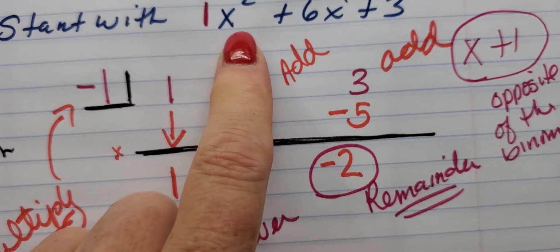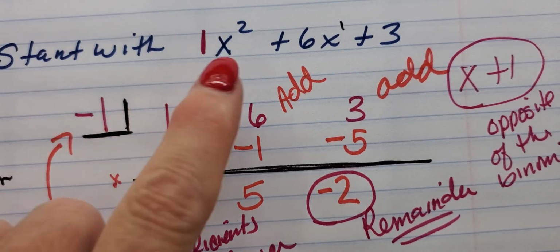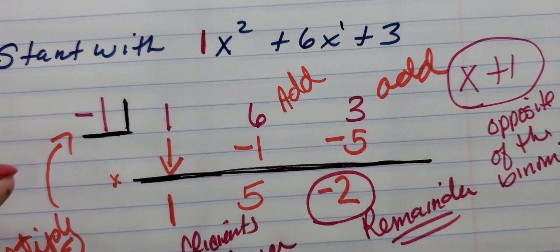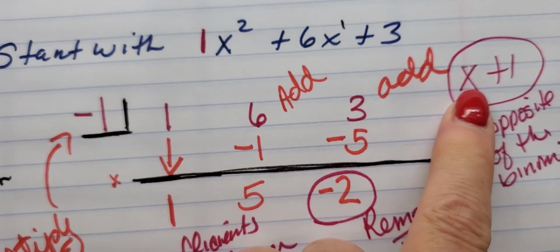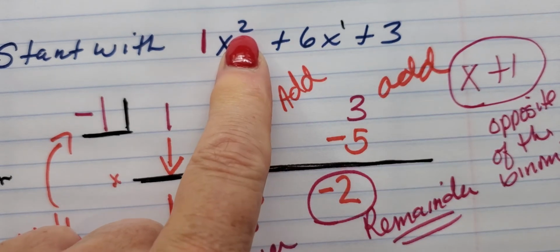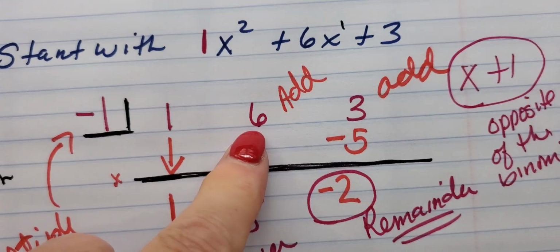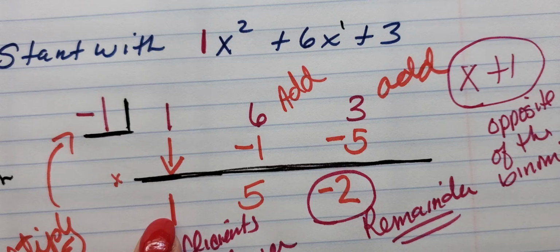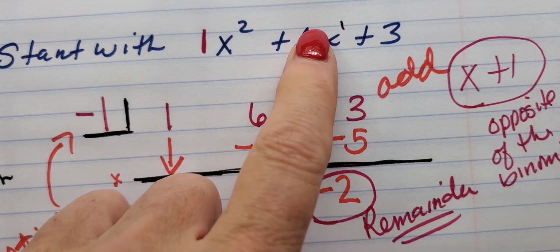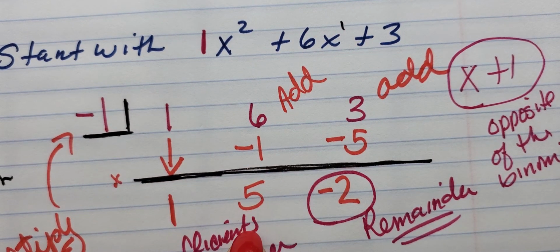Now remember, I told you that the answer will go in descending order. If we're dividing by one of these into one of those, that means there's one less. So that 1 becomes x, which means the next number would be my constant. So what do we get?